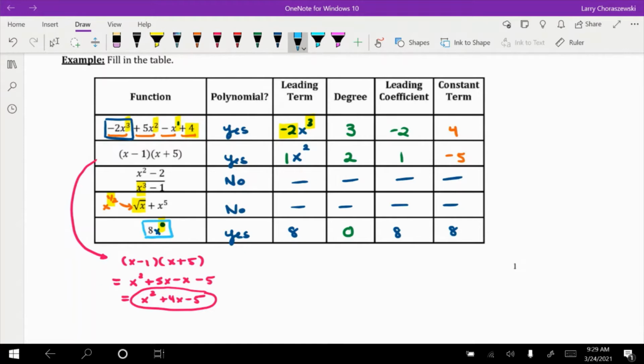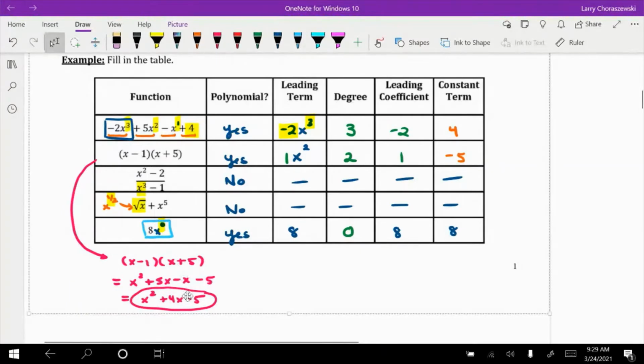It just so happens to be that a lot of the features, such as leading term, coefficient, and constant term, involve just the number 8 itself, just due to the format. All right, any questions about the definition of a polynomial function and its features? Because if not, we're going to dive into some features of polynomial function graphs.